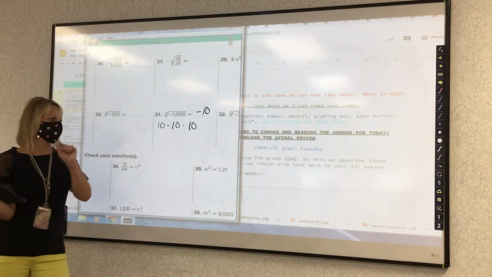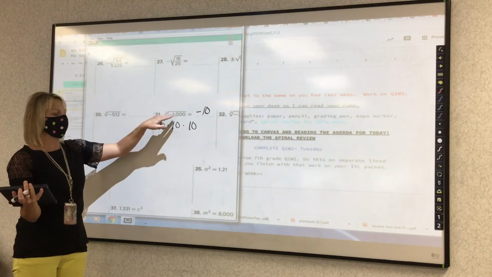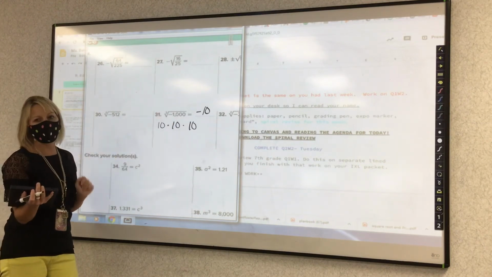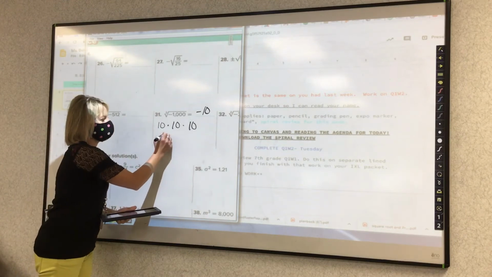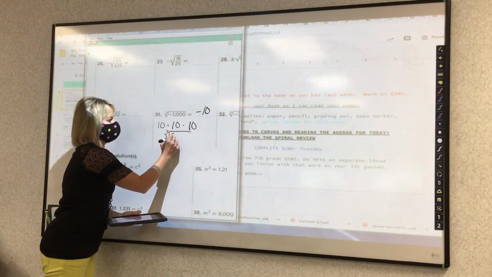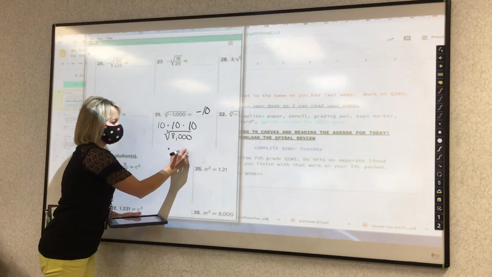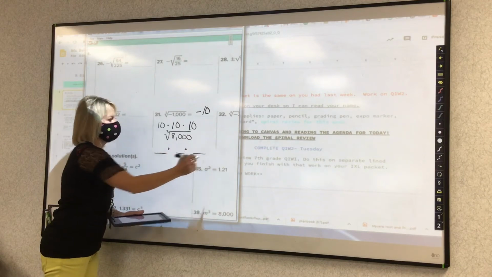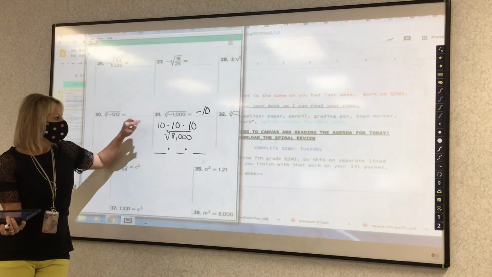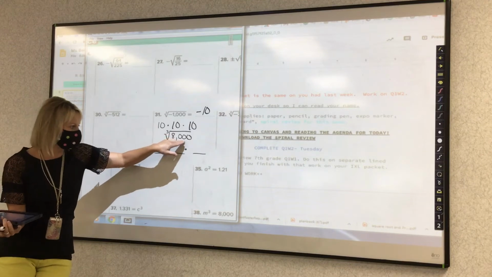But what I want you to think about is if I would change that 1,000 to 8,000. So I'm going to write underneath of this, and you're going to probably need to write a little small. I want the cubed root of 8,000. Now we're getting into some huge numbers. I'm going to ask myself, what does it end in?